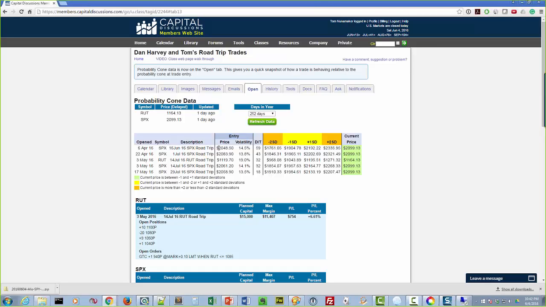Basically, the question this is trying to answer, as Tom indicated, is, number one, are we still in the same data set? And number two, are the probability estimates and our initial trade setup still valid?